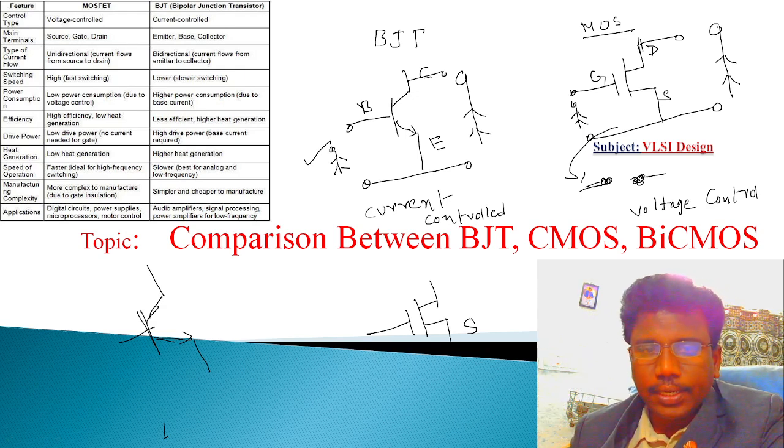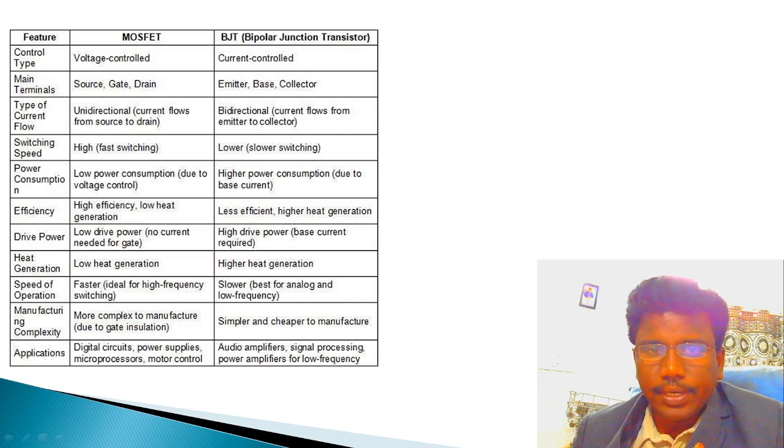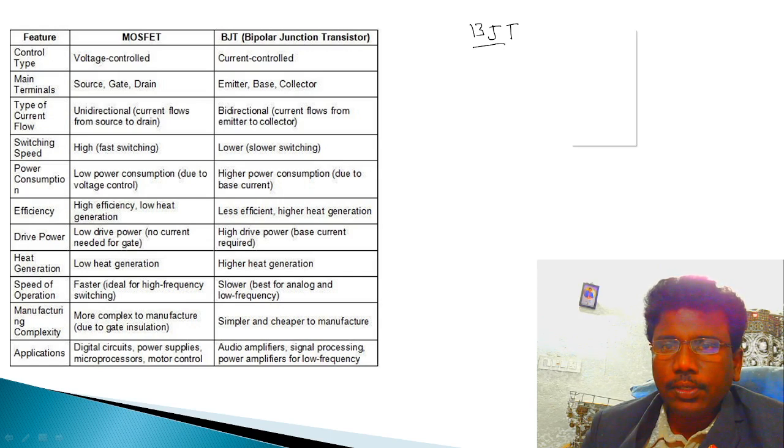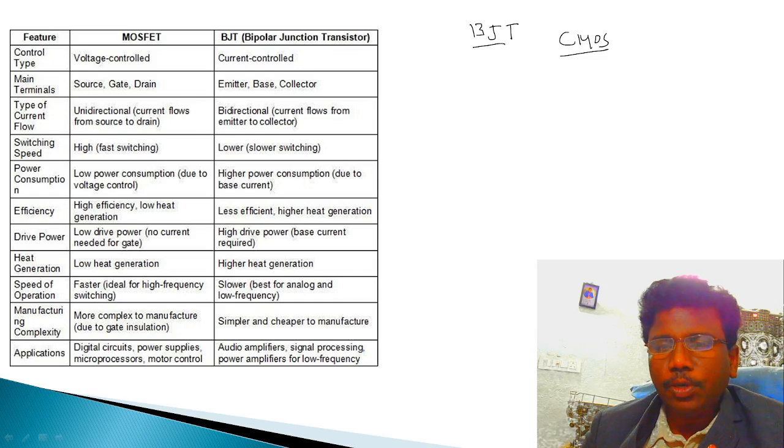Coming to the other differences, I will tell you here. If you go for a bipolar transistor, and if you go for CMOS or MOS transistor: CMOS means we can use both NMOS as well as PMOS transistors, that is CMOS technology.